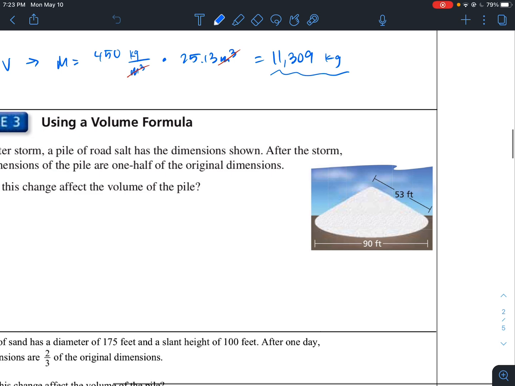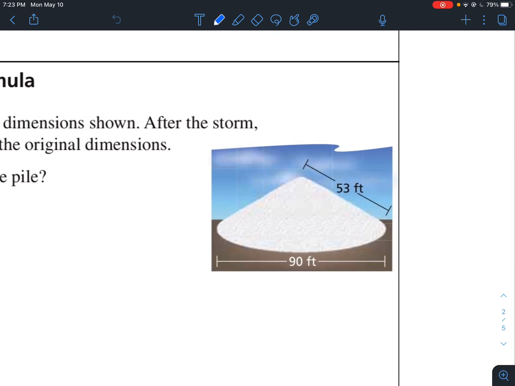So basically, let's find the volume of this pile. Now this is a cone shape. For a cone, volume is equal to 1/3 pi r squared times the height.